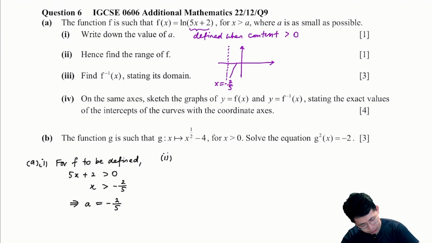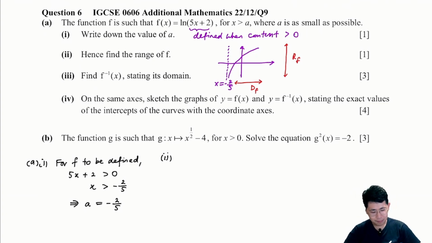But then we get a whole range of graph over here. Okay, so this over here would be the domain, then all the vertical values would be the range of f. You see this, right? So what is the range of f? So this range of f is just simply the whole of the real number line, like that.